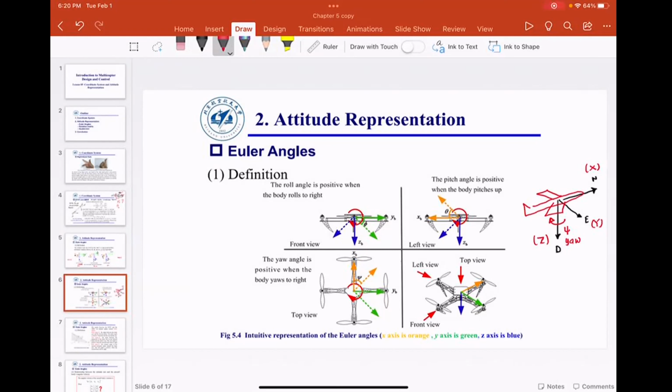Now rotation about east, or rotation about y, is pitch. So curl your fingers in the direction. This is pitch. And then curl your fingers about north, and that gives you the roll.